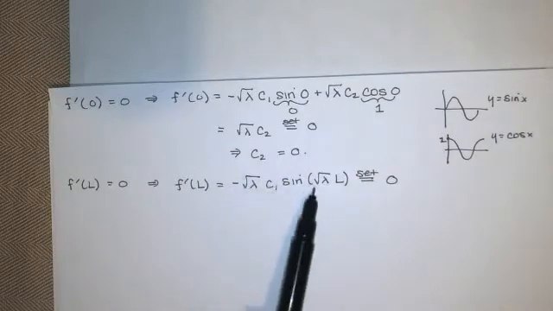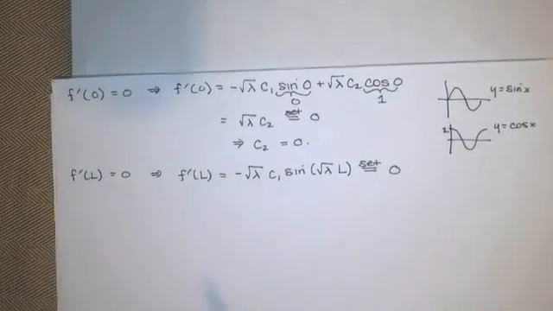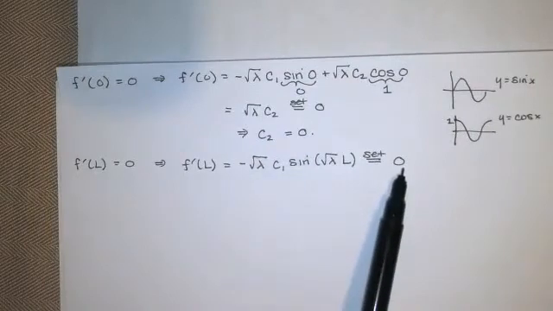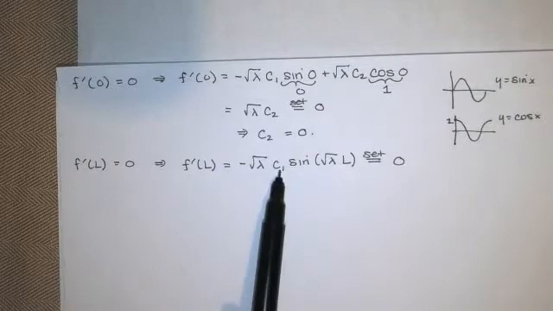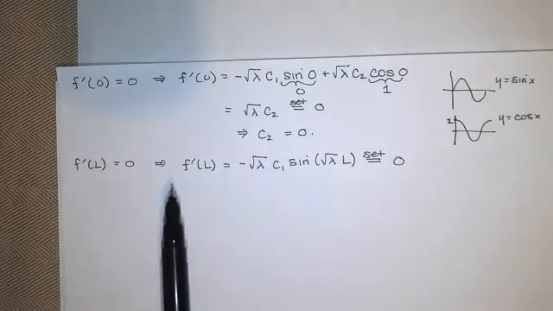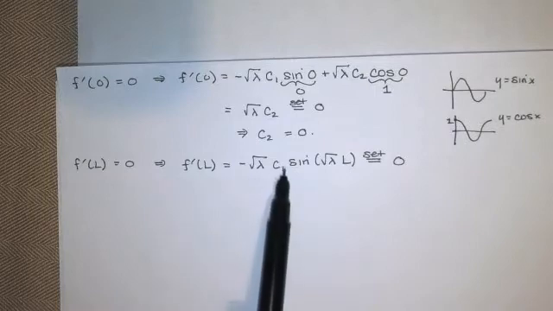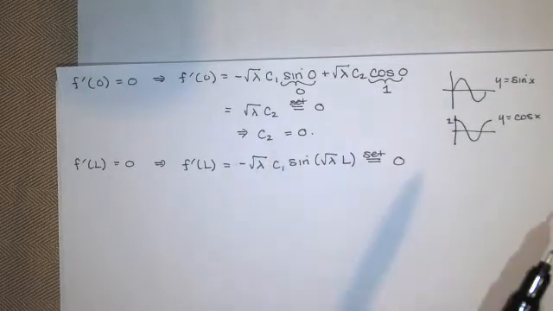Now if this times this equals 0, the only way that happens is if one of these factors is 0. But square root of lambda is positive because lambda is positive. And we prefer, if we can help it, for C1 to be non-zero because we're looking for eigenfunctions. We don't want C1 and C2 to be 0 because that would mean f is equal to 0, and that's not an eigenfunction. So we're hoping that this doesn't have to be 0, but it might have to be 0.